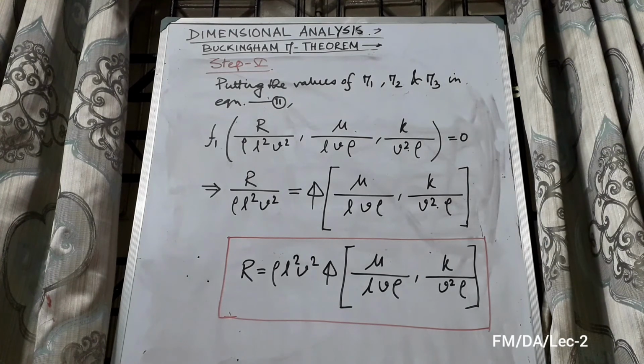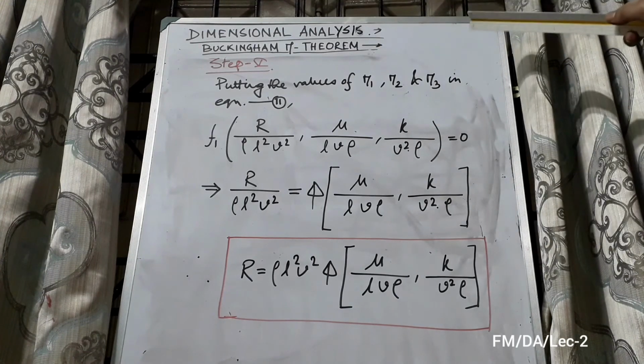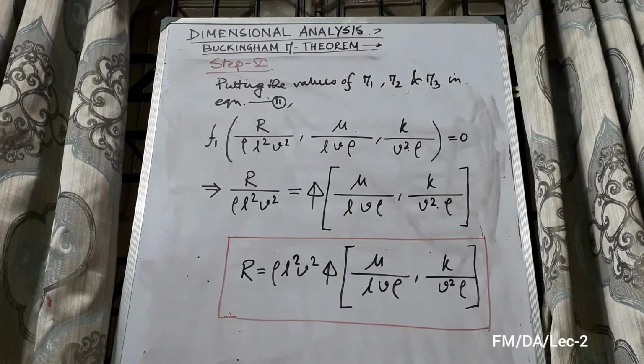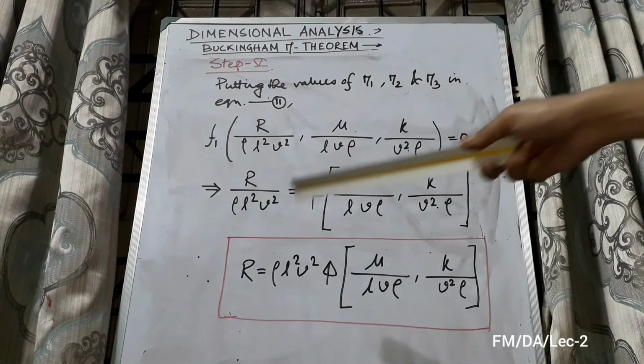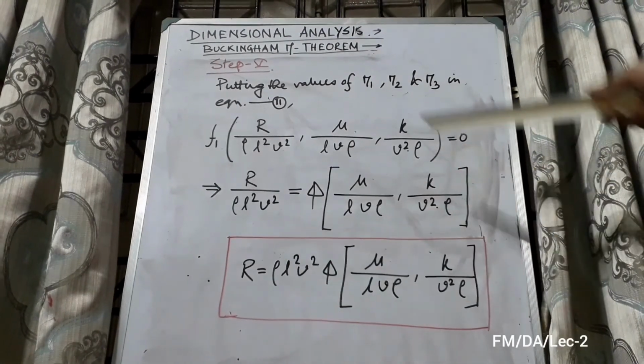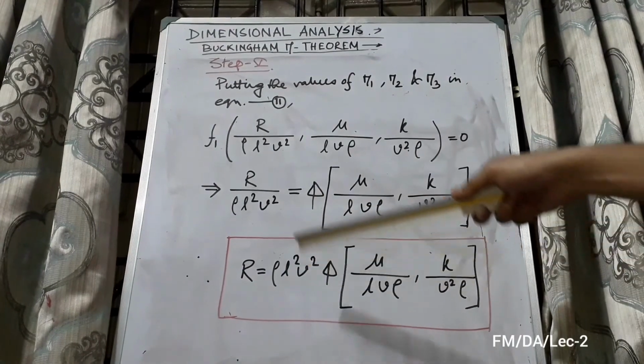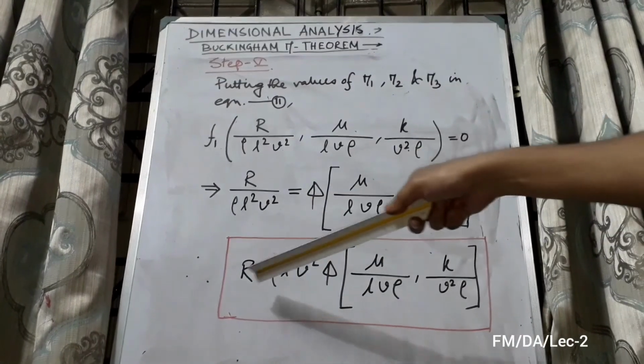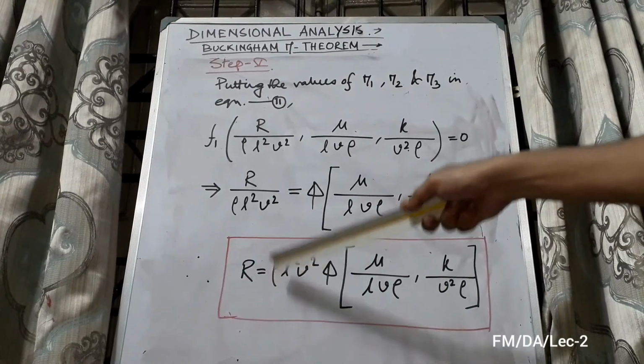So we are putting all the values of pi 1, pi 2, pi 3 in equation number 2, and from this equation we also find the functional relationship between all these variables and R, that is the resistance force.